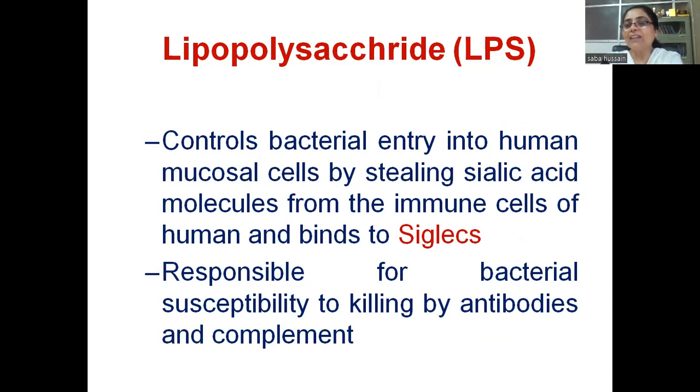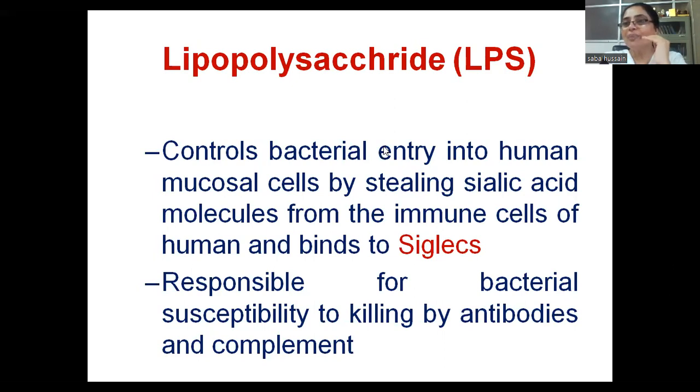Siglec is a receptor, and if sialic acid is there, it is like a particular dress. For understanding, we can take an example: if you are wearing a black dress, you will be allowed entry inside the cell.